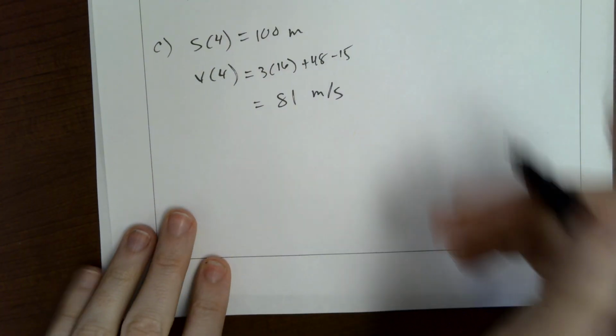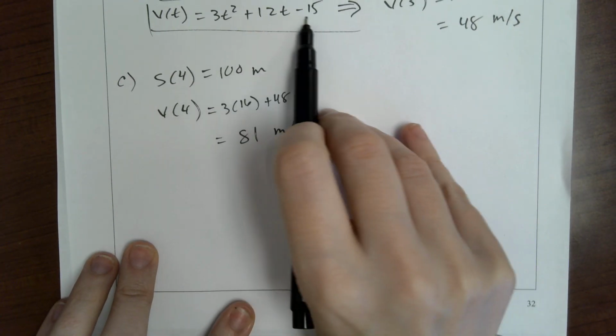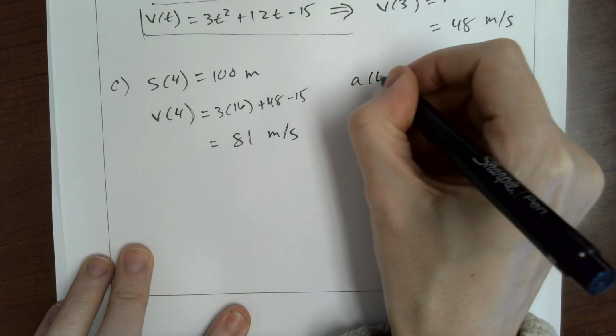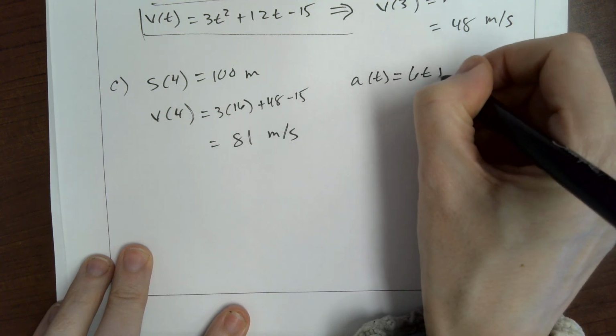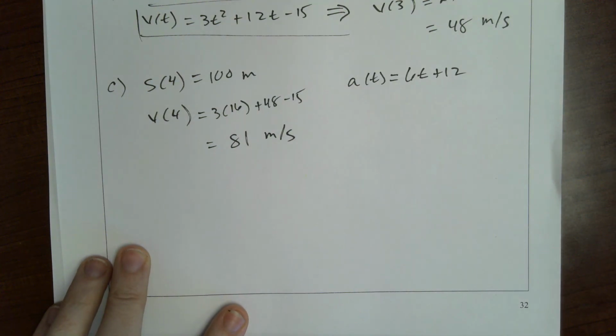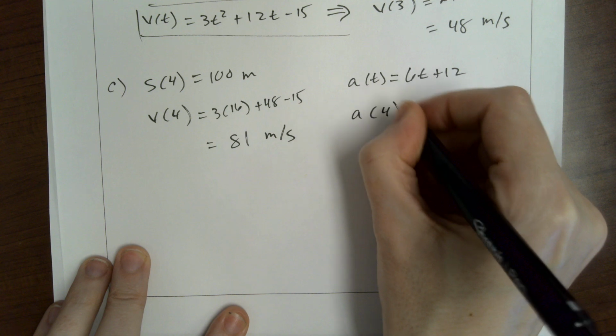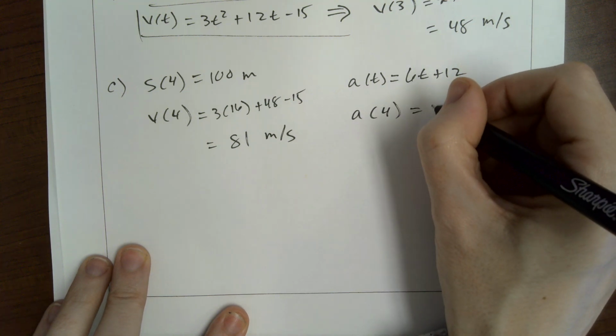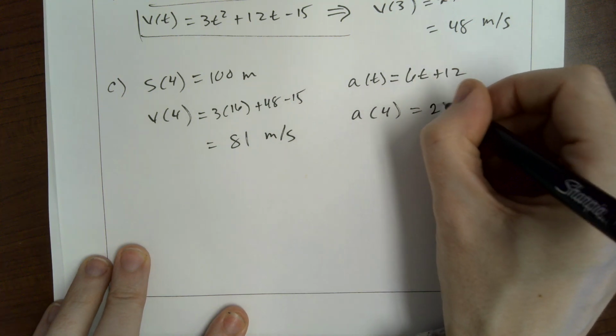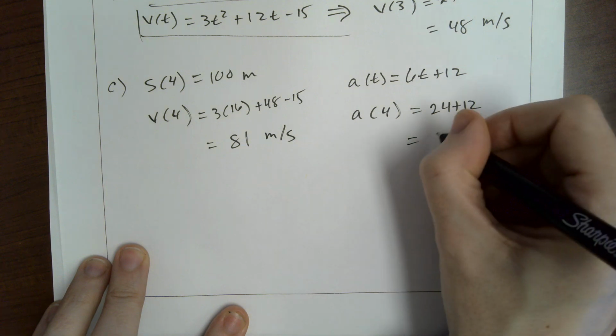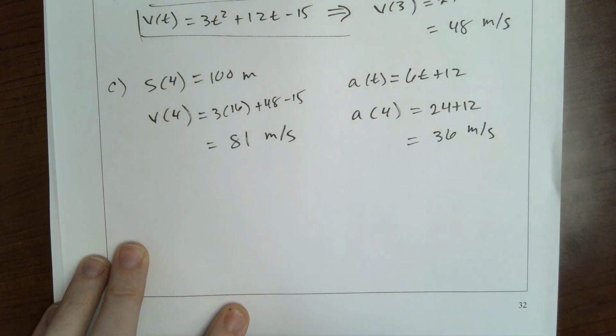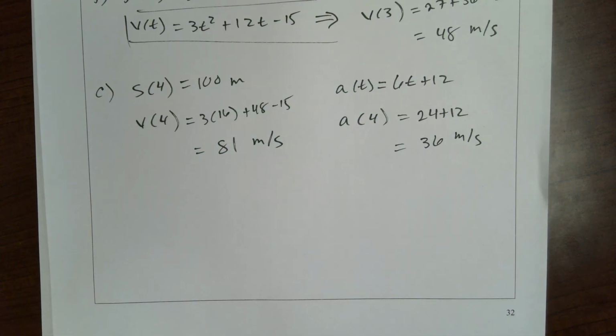So I just take my velocity function, which is here, and for acceleration, I get 6t plus 12. So a of 4 equals 24 plus 12, 36 meters per second.